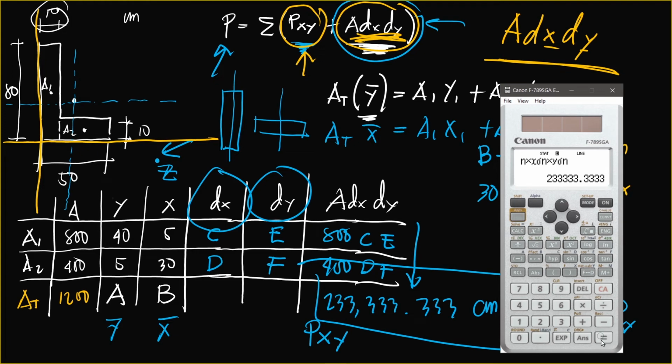Then press equal. The answer is 233,333.333 centimeter raised to 4, which is the same as before. Any question?